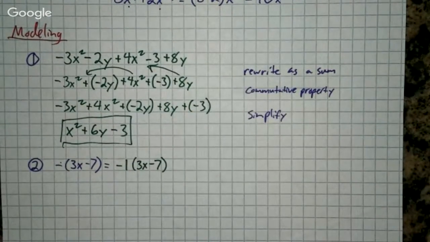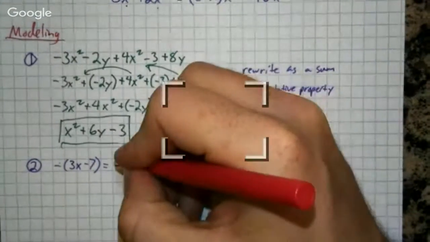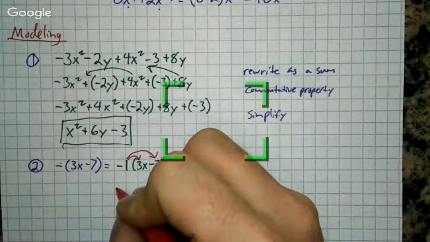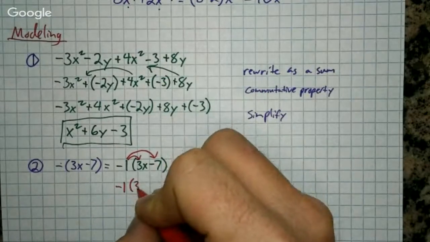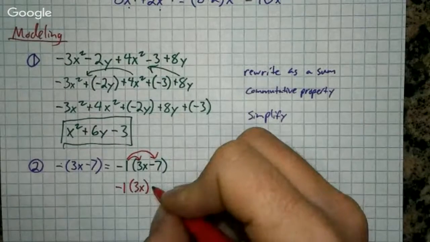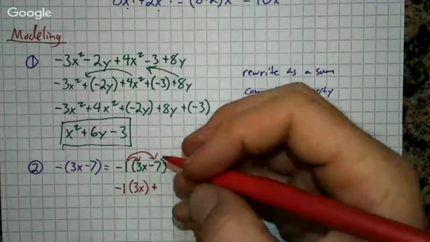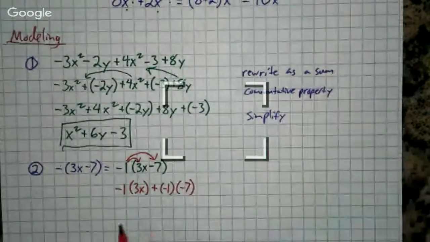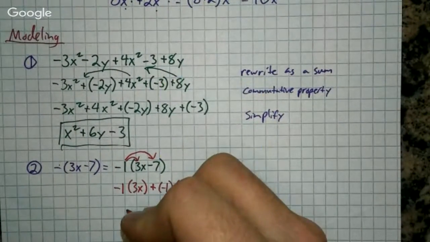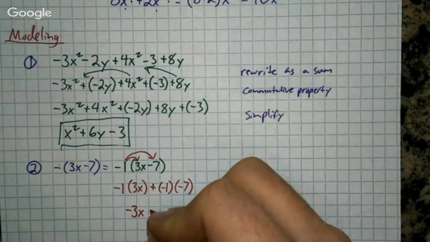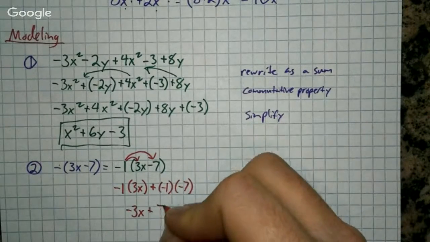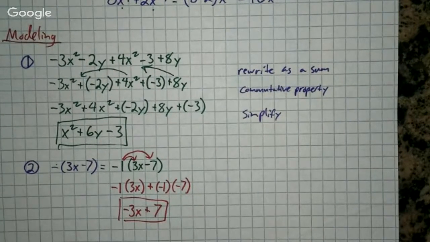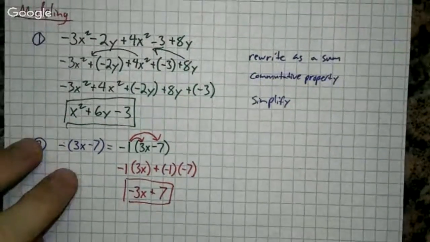And then we go ahead and we distribute the negative 1 to the 3x and the negative 1 to the negative 7. And we're going to end up with negative 1 times 3x plus negative 1 times negative 7. This is going to make this the opposite, so it's going to be negative 3x plus, it's going to make the opposite, which is 7. Negative 3x plus 7. So once you get the hang of it, these questions go pretty quick.